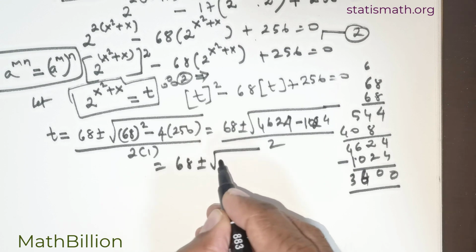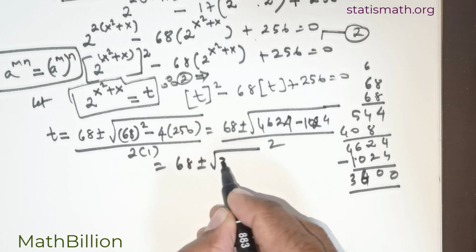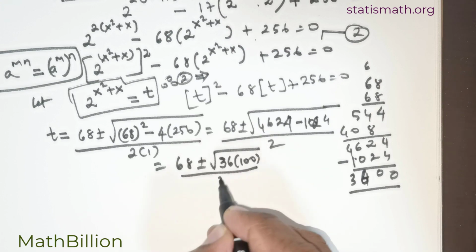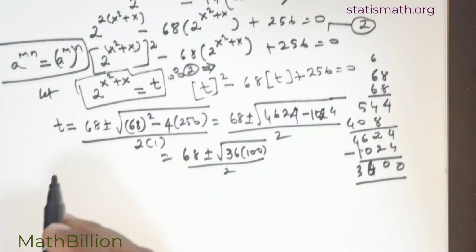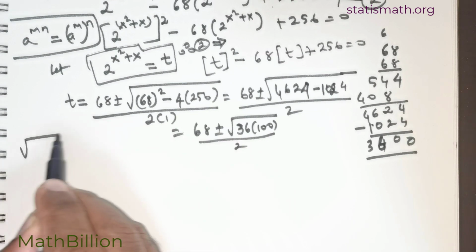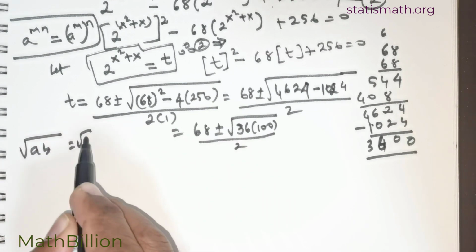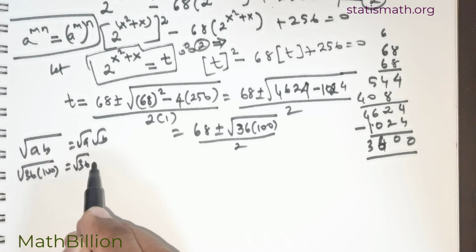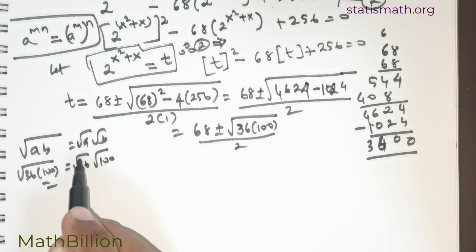So you got 68 plus or minus root of 3600. Let me write that down as 36 times 100, divided by 2. Now this can be rewritten as root of a times b is equal to root of a times root of b. So square root of 36 times 100 is equal to root of 36 times root of 100. Root of 36 is 6, and root of 100 is 10.